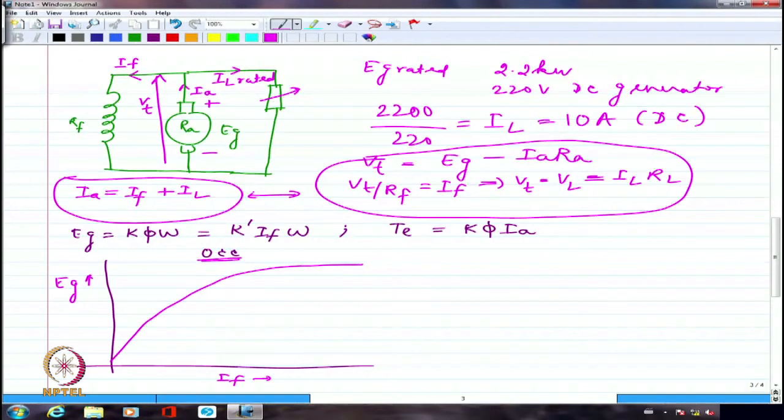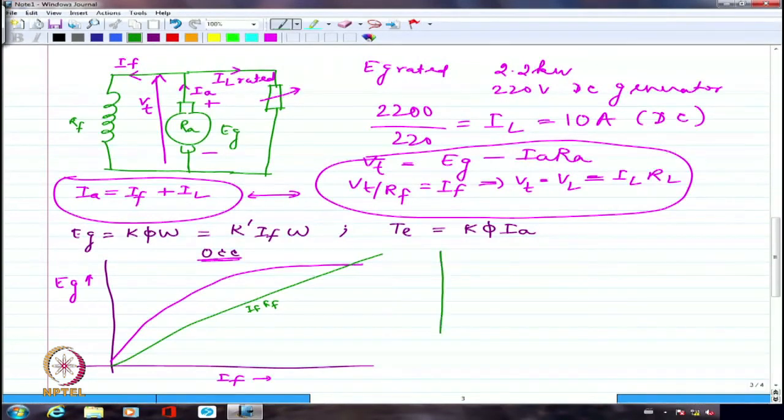And let me look at the resistance line somewhat like this. So this is going to be the IF RF characteristics. I'm showing a very small margin, so we may not be able to really load the generator much, but nevertheless, let us look at how we are going to go about drawing the external characteristics.